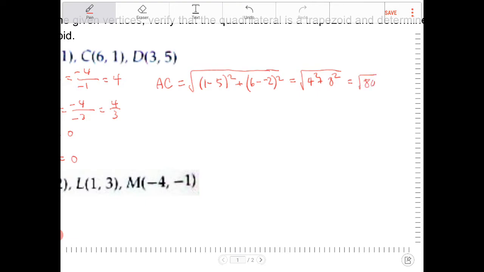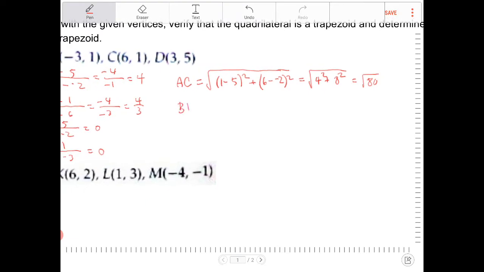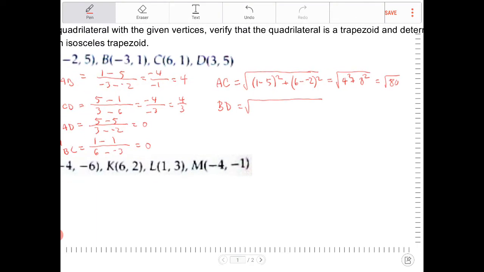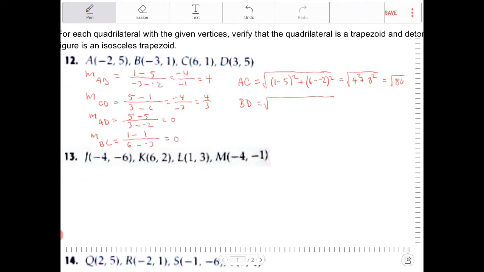And if all goes well, BD, the other diagonal, should have the same exact length. So let's see. So 5 minus 1 squared plus 3 minus negative 3 squared.